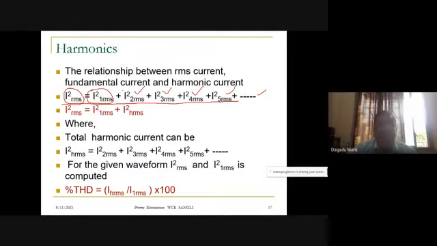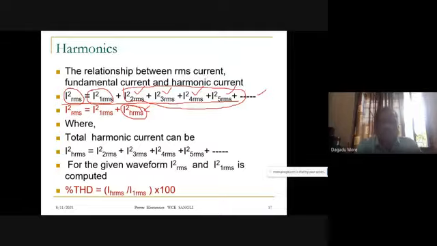From the second onwards, we can call these the harmonic RMS current. Adding together the second, third, fourth, up to whatever maximum we have, we call this IH RMS squared. So now we have a relationship between three currents: the RMS current, the fundamental component of RMS current, and the harmonic RMS current.